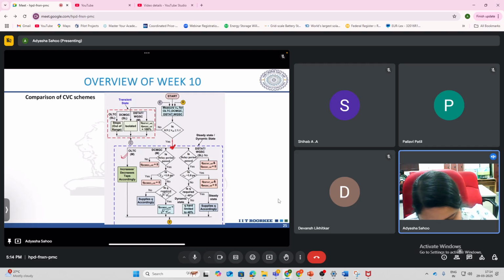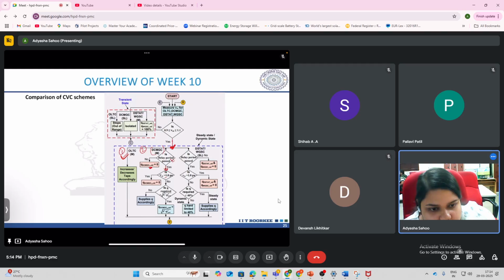Now, after going to the OLTC, we have the DC microgrid as the master. It will check if the delay has passed. Means after OLTC, you activate the DC microgrid after a certain delay. If no, then you do not give any Q. But if the delay period has passed, then you check the voltage.